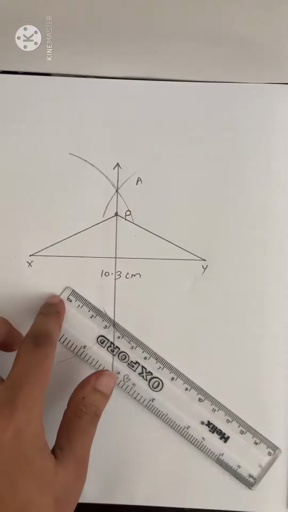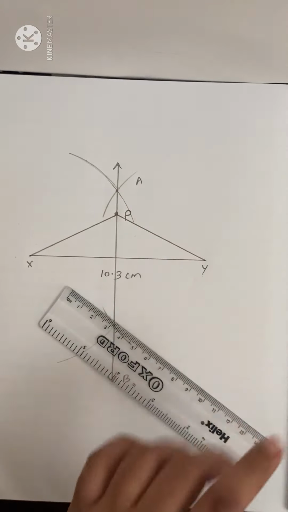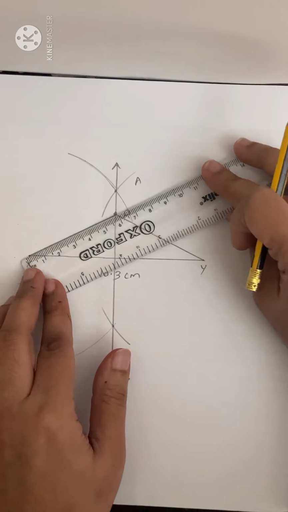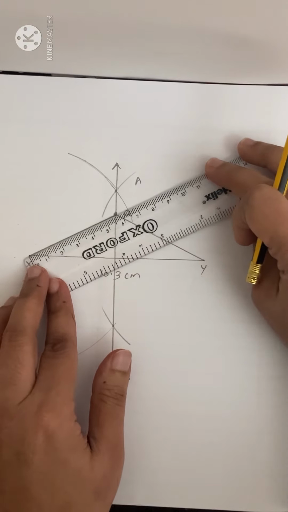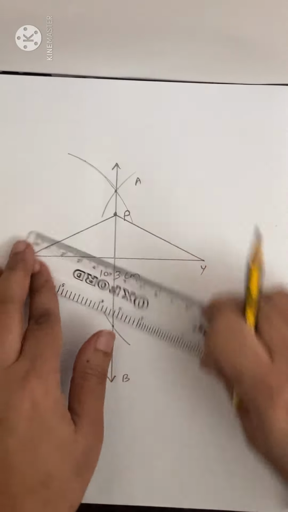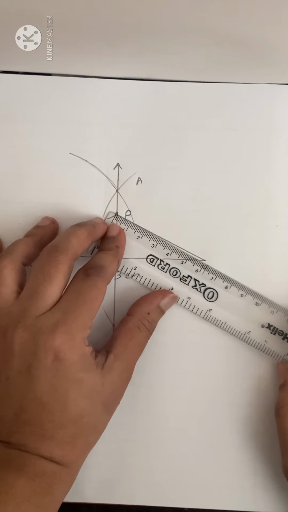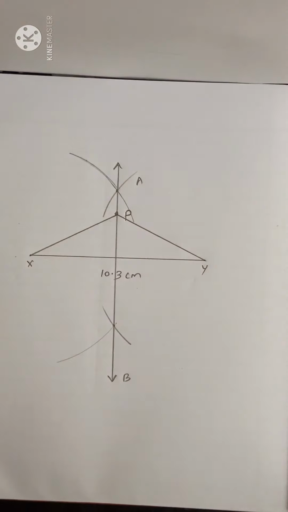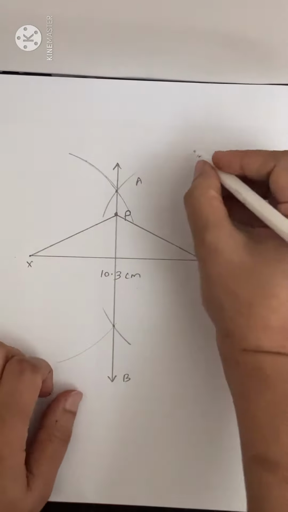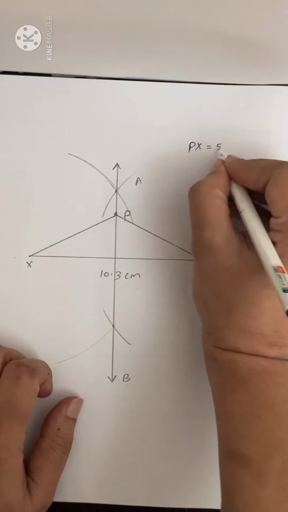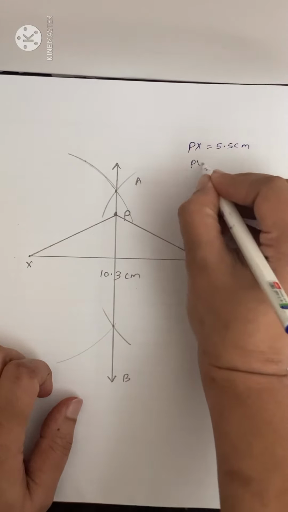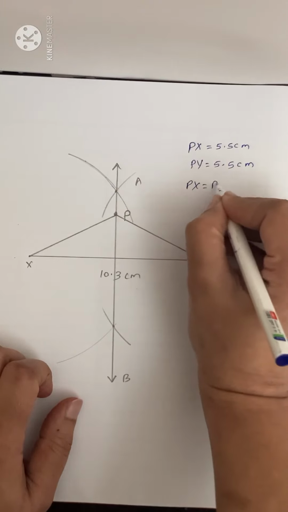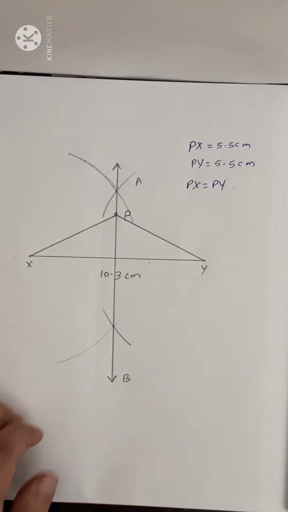Now you measure the length of PX and PY using the ruler. PX is 5.5 and PY is also 5.5. Therefore, PX equals 5.5 centimeter and PY equals 5.5 centimeter. Therefore, PX equals PY.